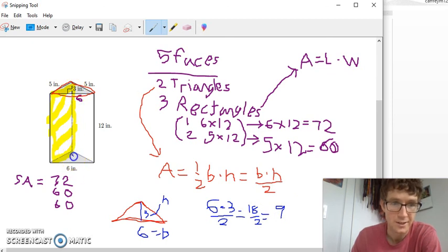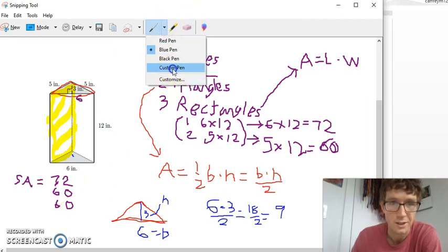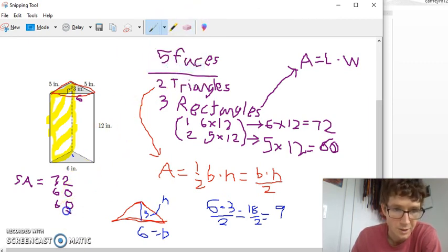So this area is 9 and this area is 9. And remember, we got two triangles here. So let's go back to the purple. That means we got 9 and 9. So those are our 5 faces.